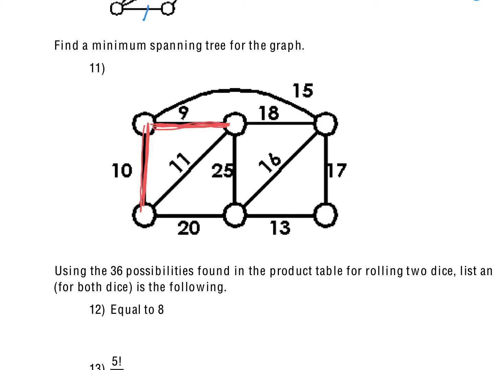So the next lowest number is 13. Next lowest number is 15. And then the next lowest number is 16. So there's the minimum spanning tree of the graph.